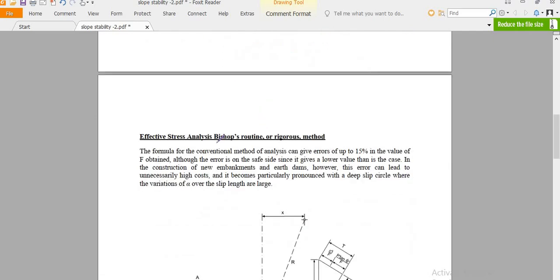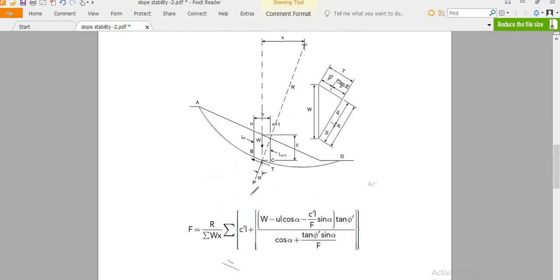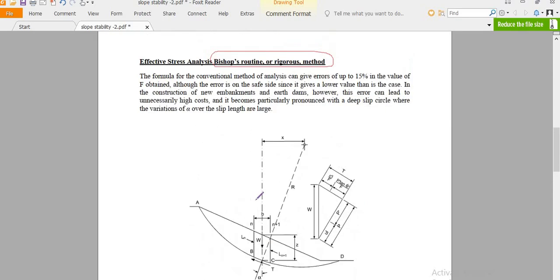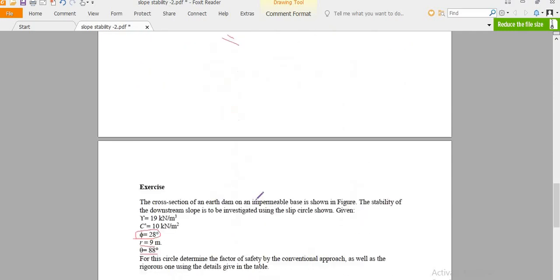So the next thing is Bishop's rigorous method. The second page is for that. So this is the equation, right? We'll discuss this later. As I told you earlier, on the first day of slope stability analysis, in the software what we use is this rigorous method. It is an iterative method, right? So I'll discuss this in our next lecture.